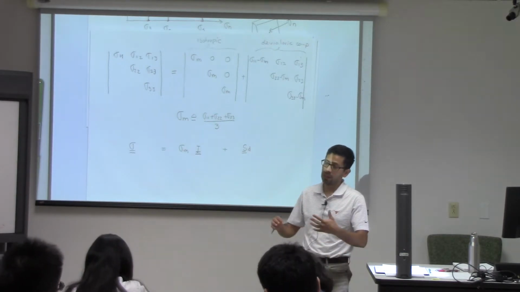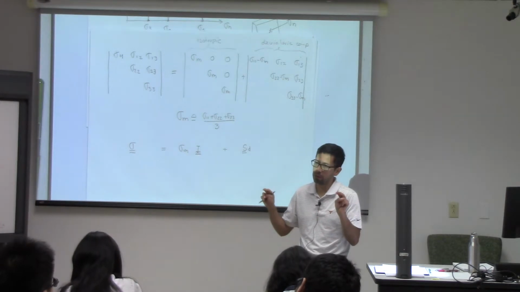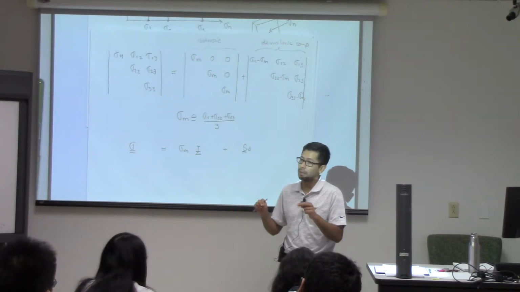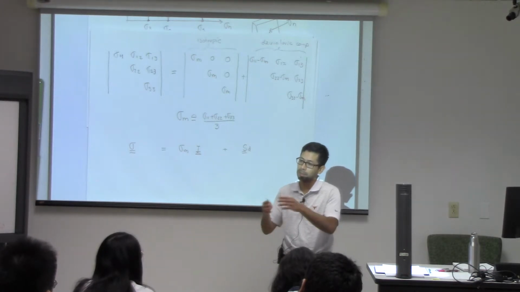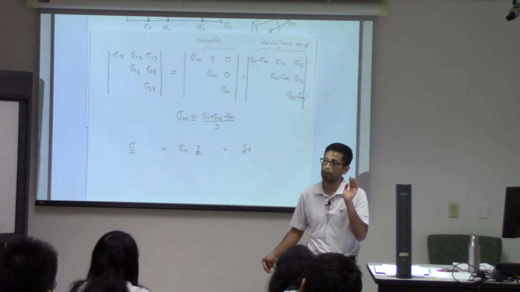Sometimes confining pressure is used as an equivalent of total stress, but by now we know that stress is a tensor and there are 3 different values, so we cannot simplify like that.